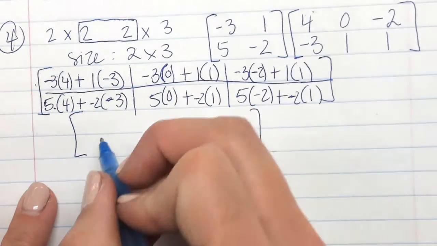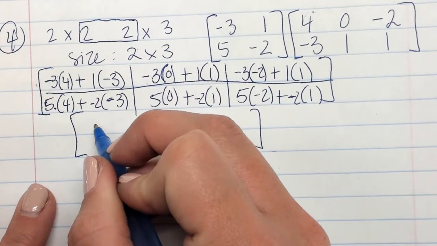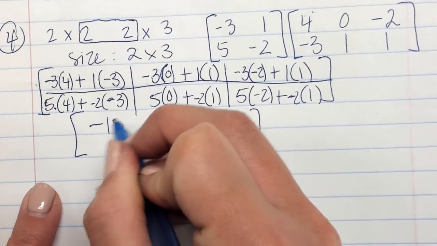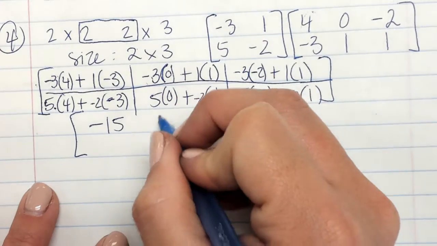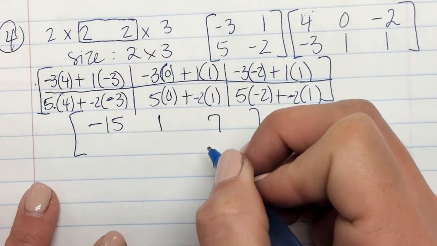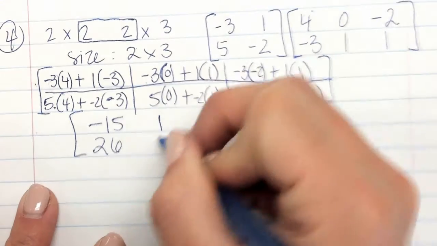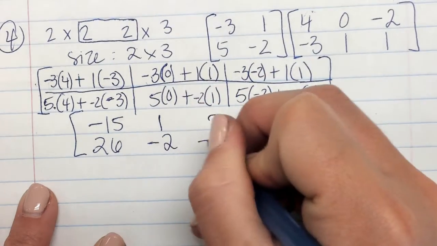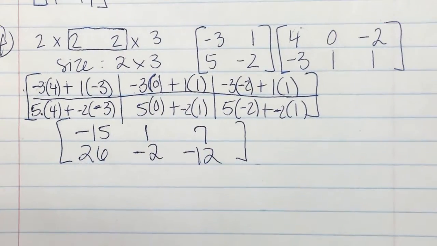Alright, tell me my final answer. -15. Go ahead. 1, 7, 26, -2, and -12. Perfect. Any questions?